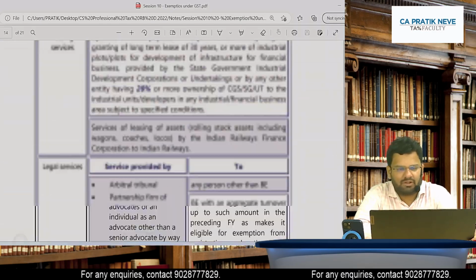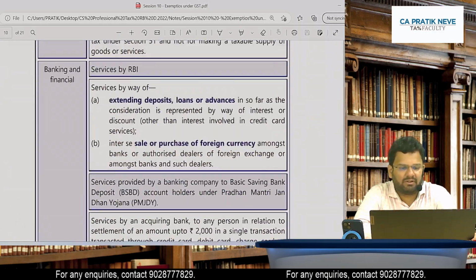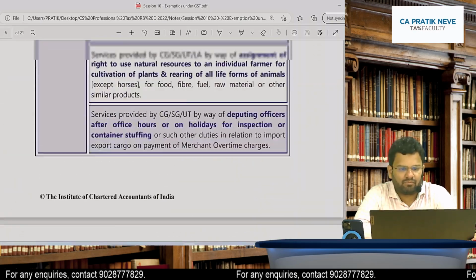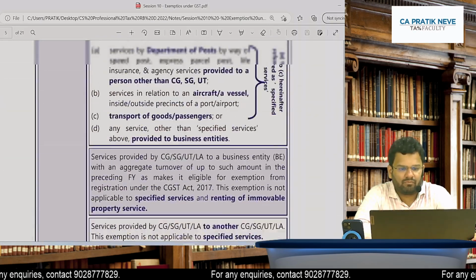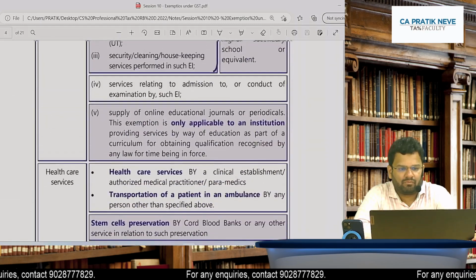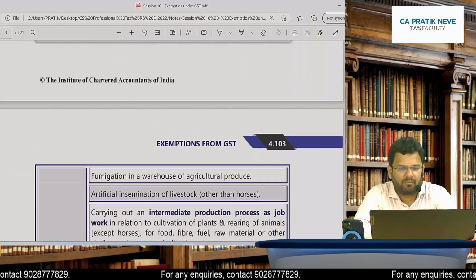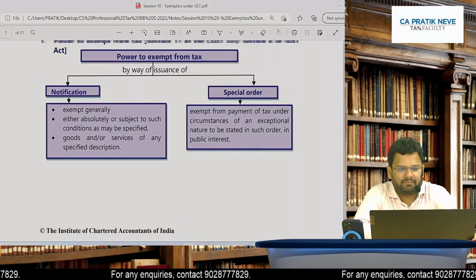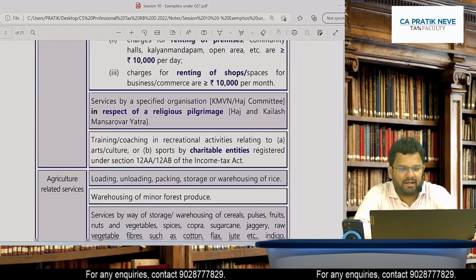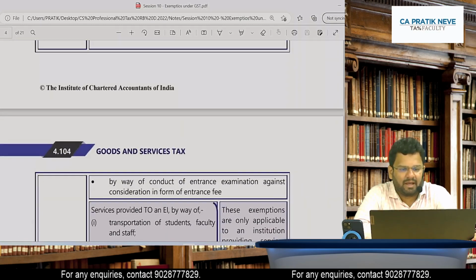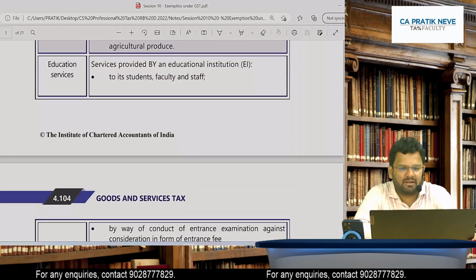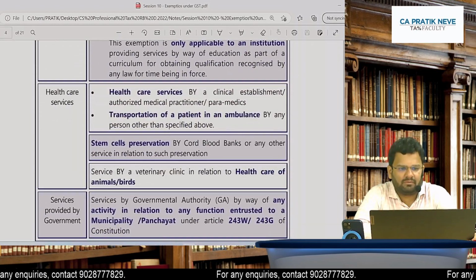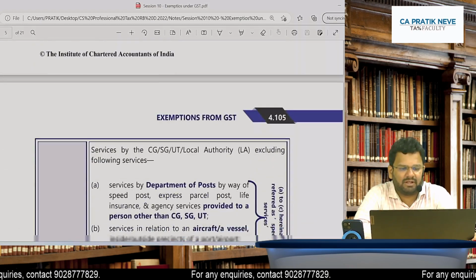Passenger transportation, check whether charitable activities were done, agriculture related services were done, we are going to do education, health services were done.